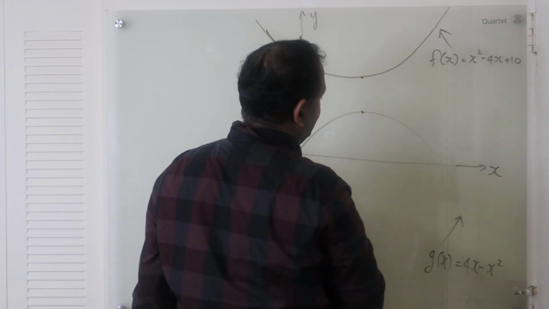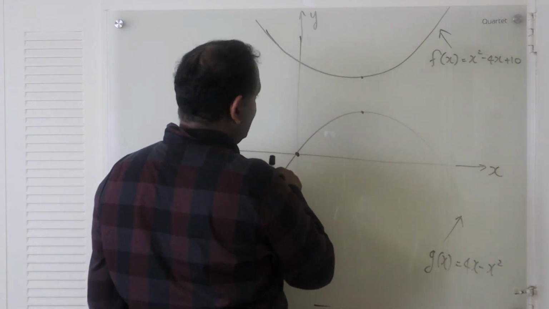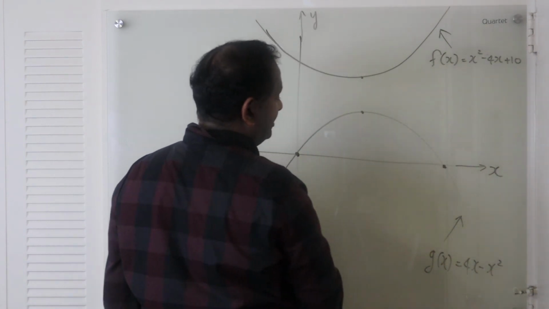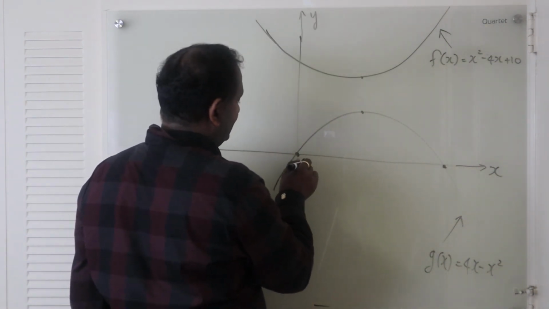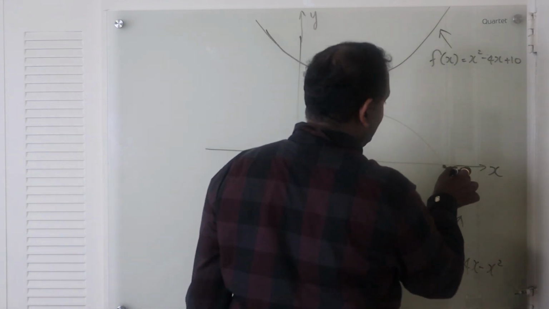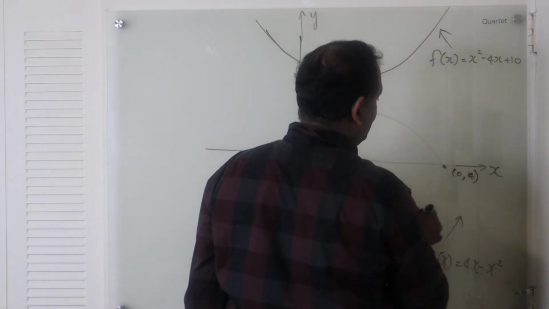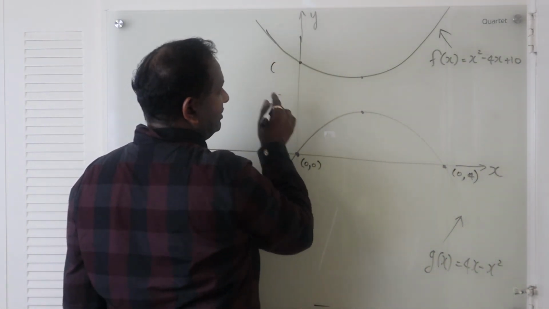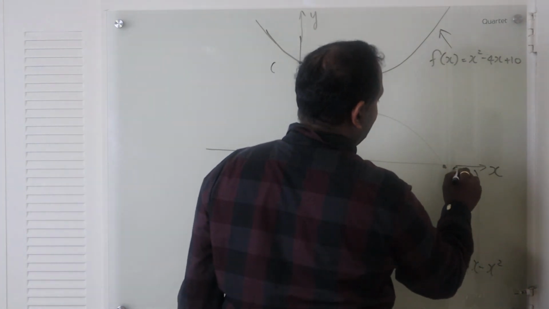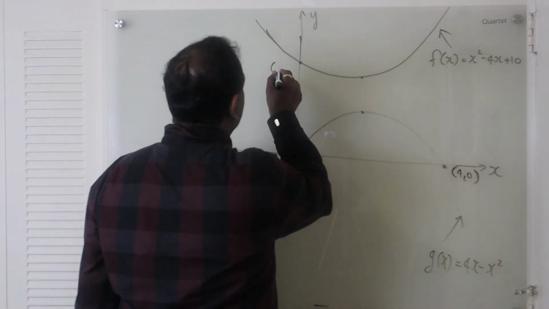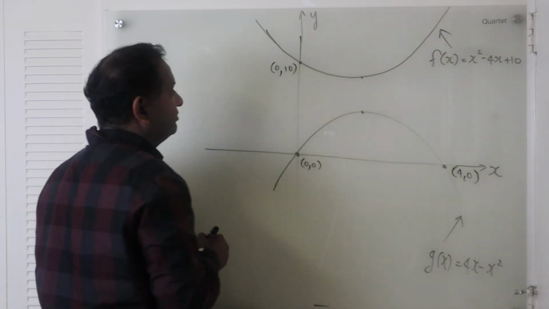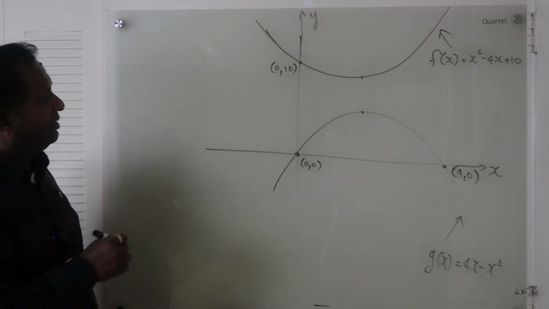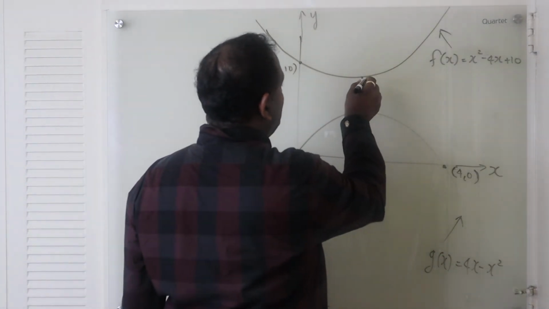This guy is going to meet at (0, 0) and also at (4, 0). This one is (4, 0). This one is (0, 10). To find this point, this is the minimum point, min.